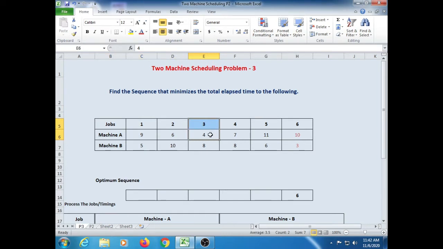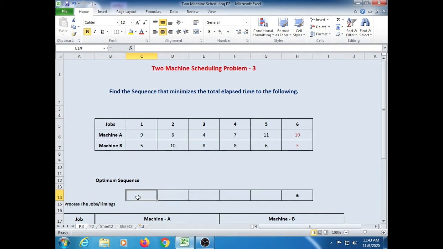So now we have to place job 3 in the optimum sequence. Where do we place it? This processing time is related to machine A, so we have to place the job from left to right.